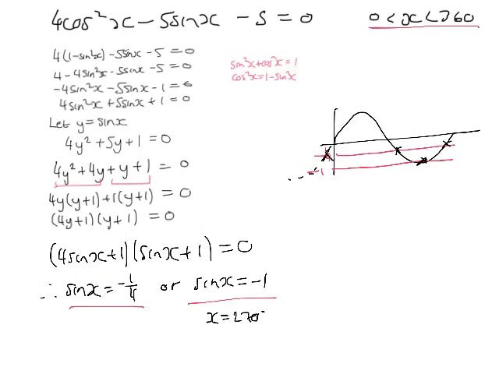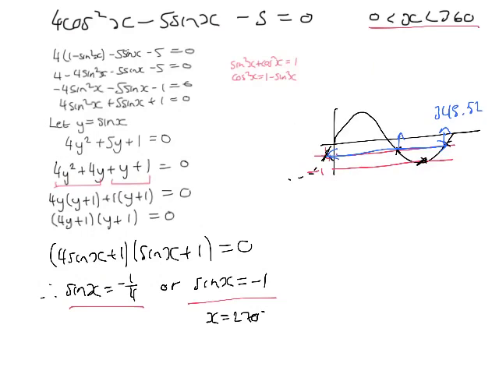So to get a solution in the range, we're going to need to use the period of the sine graph. We know that the sine repeats itself every 360 degrees. So if we add 360 onto this, we get this solution here, which is 345.52.